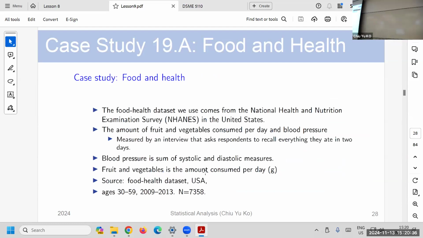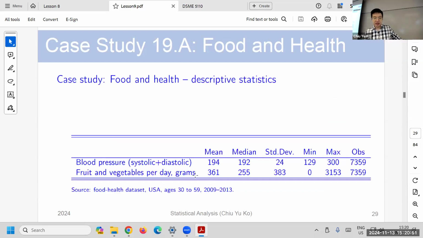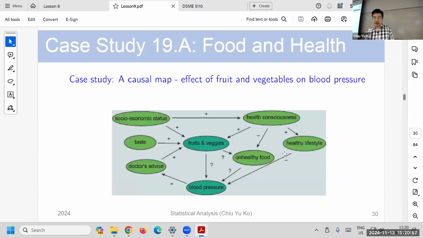So there's a question about a survey. Look at how much they consume and look at the blood pressure, and then the US data, a 7,000 data set. And this study, this is the mean, and this the median, whatever data you have, doesn't matter. And this is the graph we have.